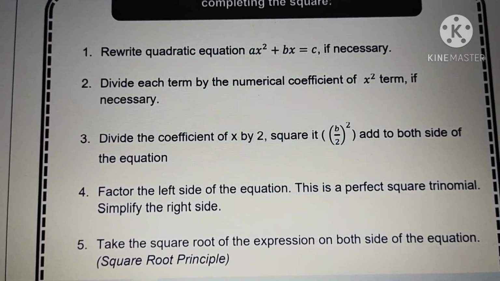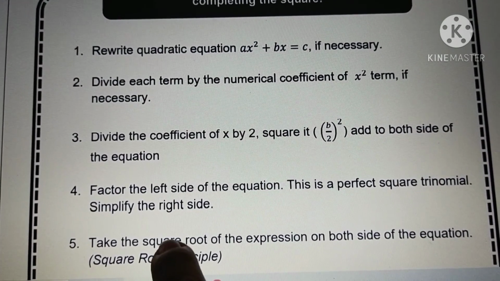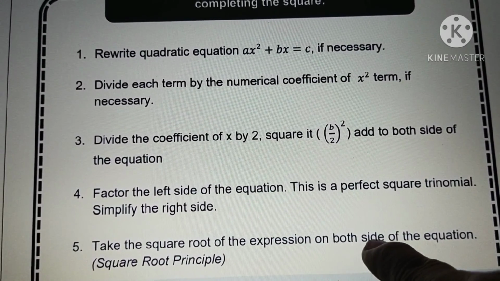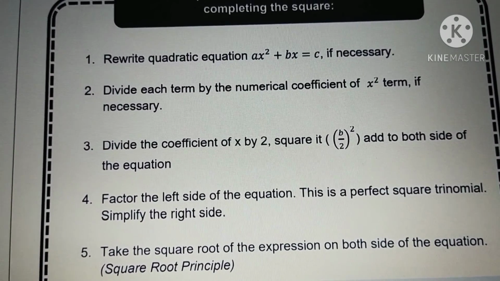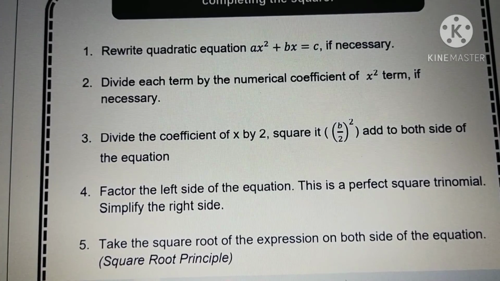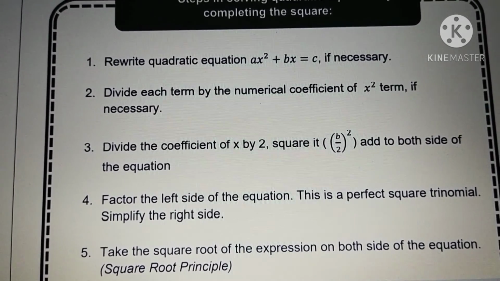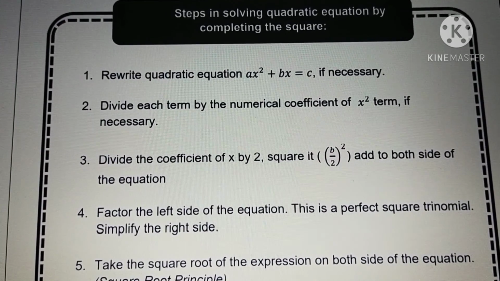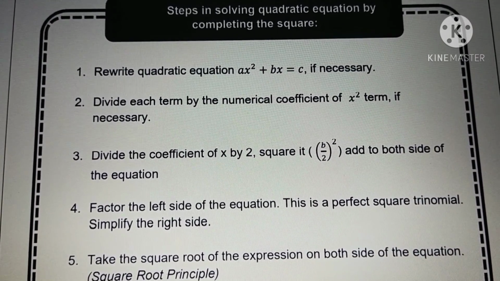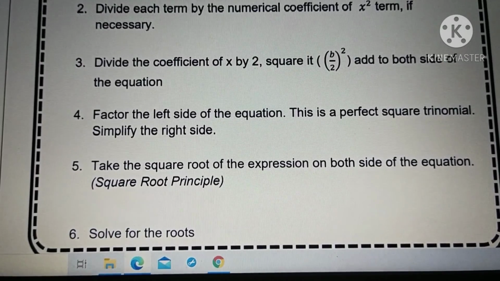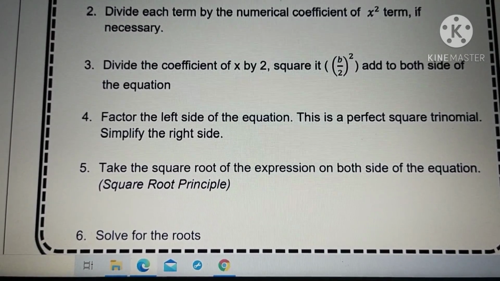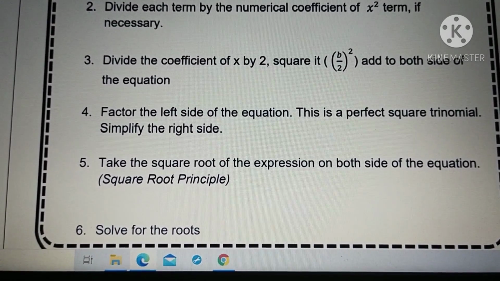Then, number 5, take the square root of the expression on both sides of the equation. So, just get the square root on both sides. That's it. Yun ang mga steps natin in solving quadratic equation by completing the square. And lastly, you have to solve for the roots.